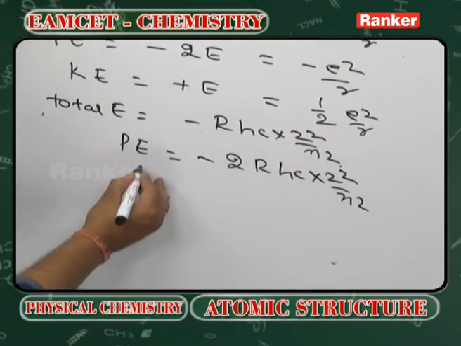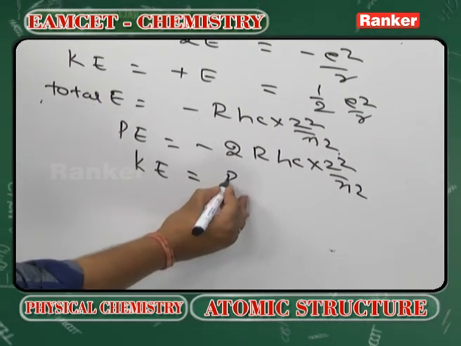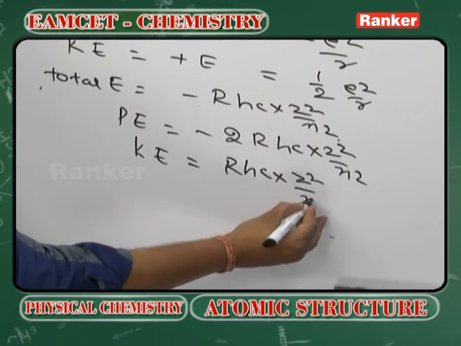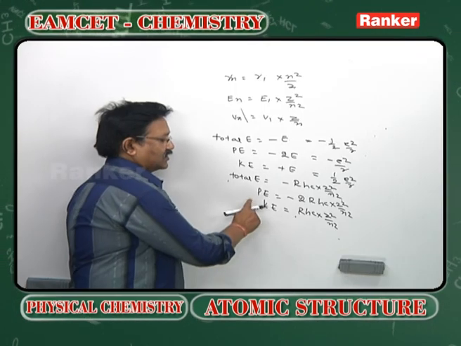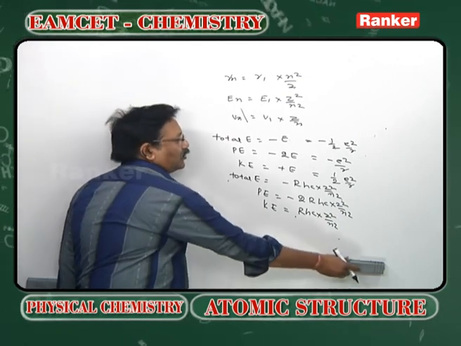And what will be the kinetic energy? Plus RhC into Z square by n square, where R stands for the Rydberg constant. These are the important formulae which we need to remember.